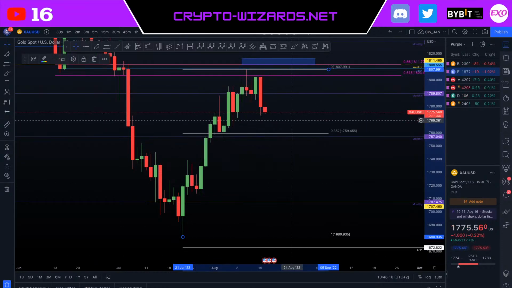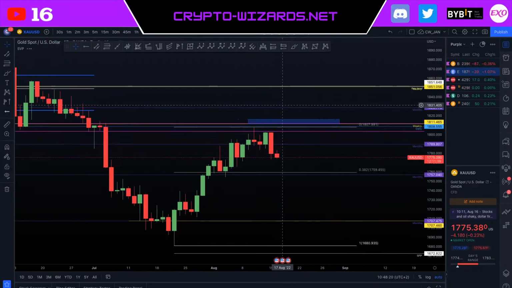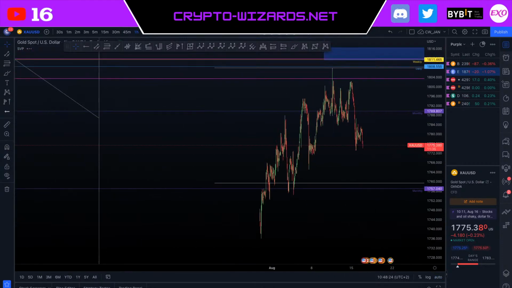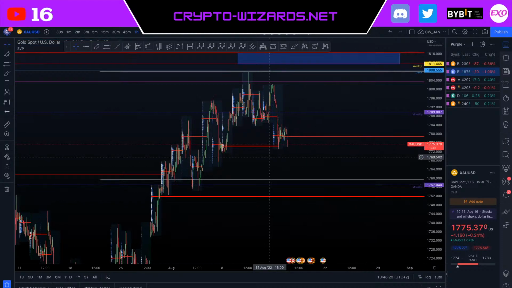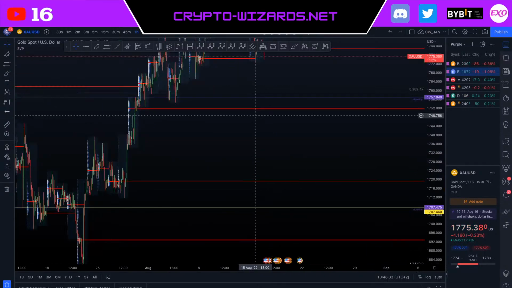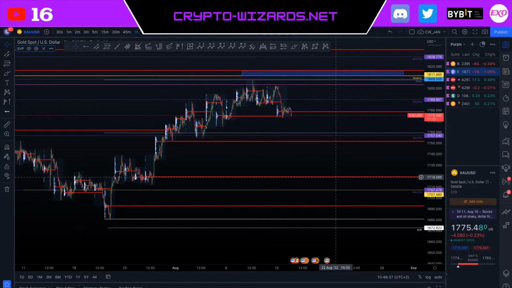This 1757 with the 382 confluence and with a naked POC, I believe. Yeah, the MPOC is a little bit lower, but this is giving you nice area of support on a gold chart. And the next one would be coming in down there at 1720.